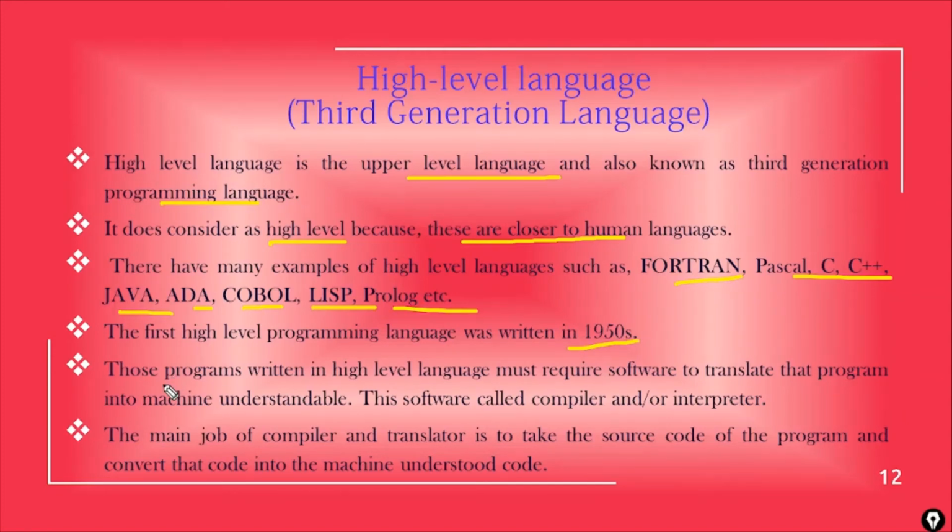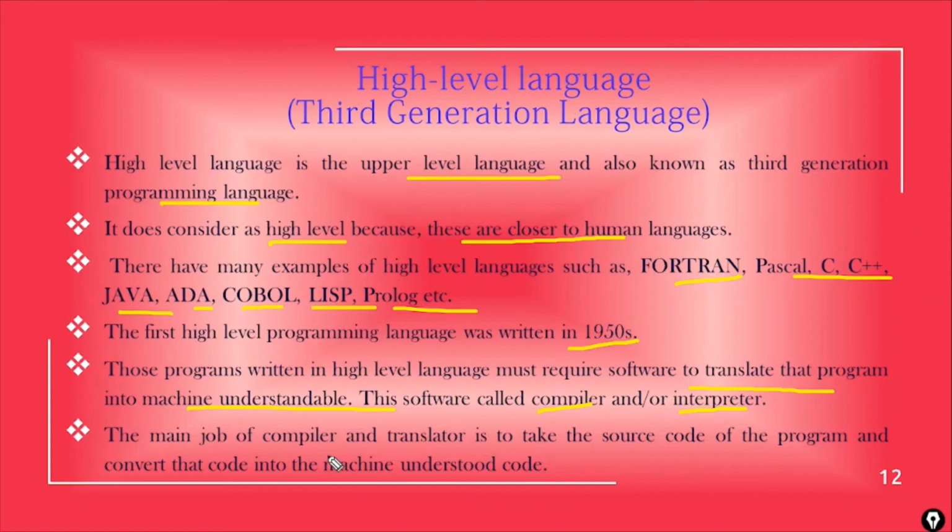Programs which are written in a high level language require software to translate the program into machine understandable language. That software is called the compiler or the interpreter. So we call the compiler and the interpreter program translators. These program translators translate the high level languages into the machine understandable language.